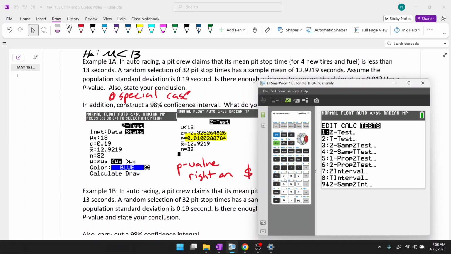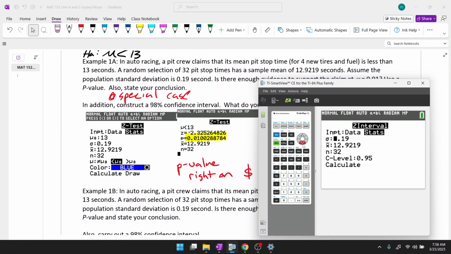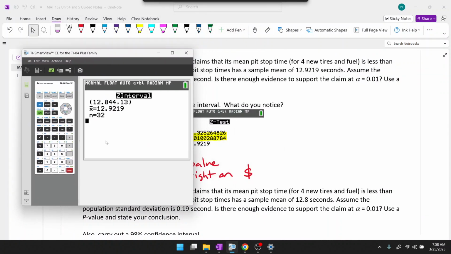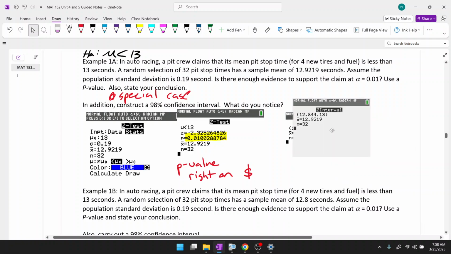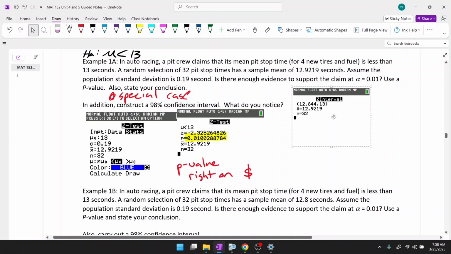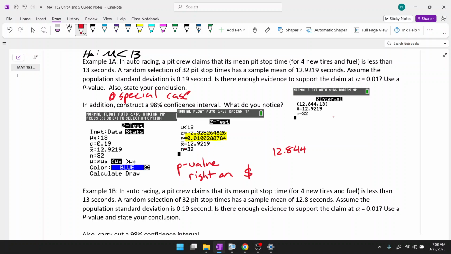Now, if we go to the interval, everything is in here except we need to change that confidence level to 0.98. So we do that, and what we've got here is the interval goes between 12.844 and 13. In other words, this interval, here's our claim mean, and it's right on.